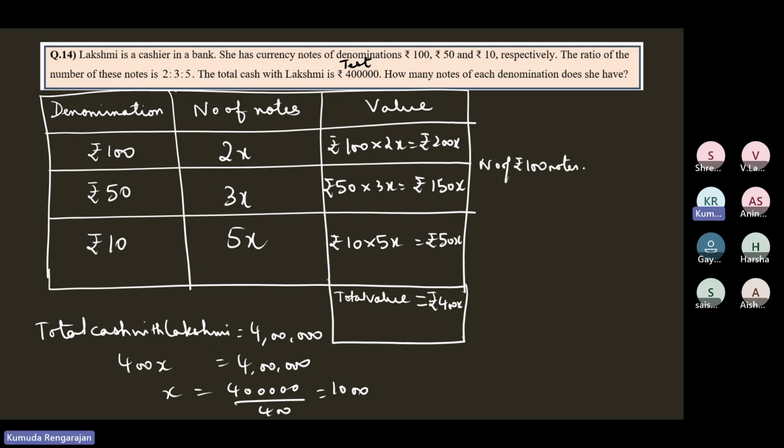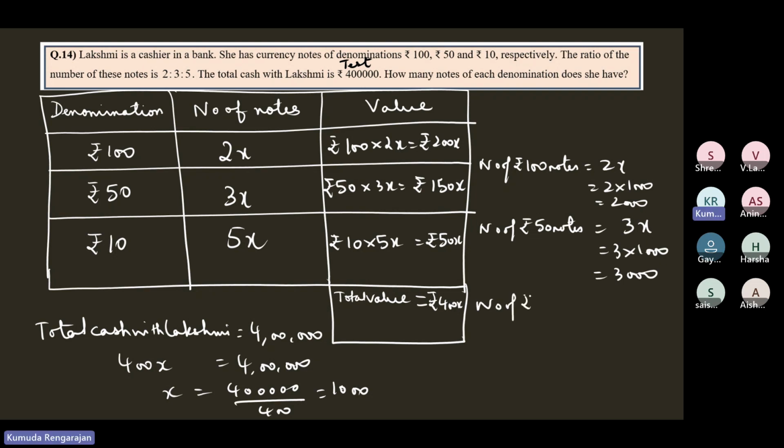So the number of rupees 100 notes is equal to 2x. So 2 into 1000, which is 2000. Number of rupees 50 notes is equal to 3x, which is 3 into 1000, 3000.